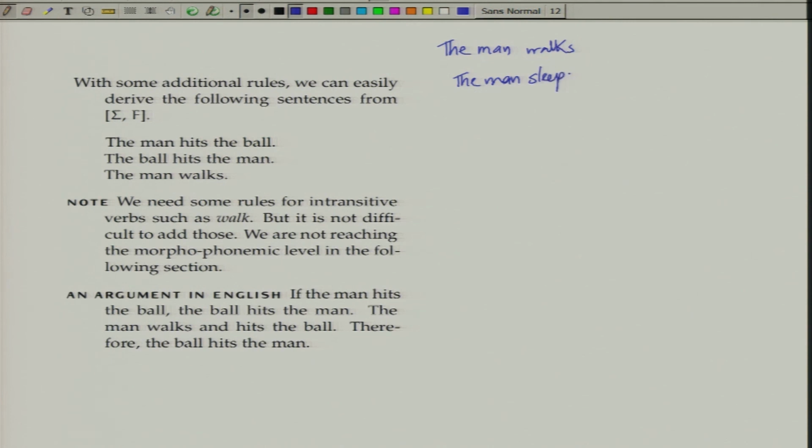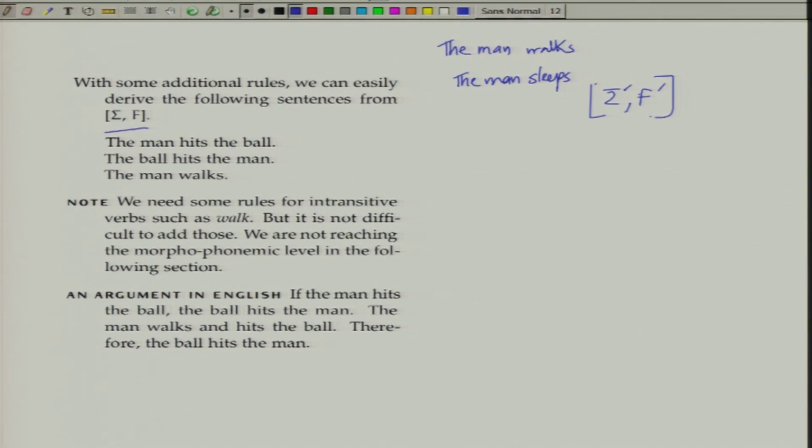We need to add sleep then to our list and all that stuff. So we can see that with a few additional rules we now can enhance the Chomsky grammar sigma F, the original Chomsky grammar, and we can come up with something like sigma prime F prime, which is a slightly modified, slightly strengthened sigma F.